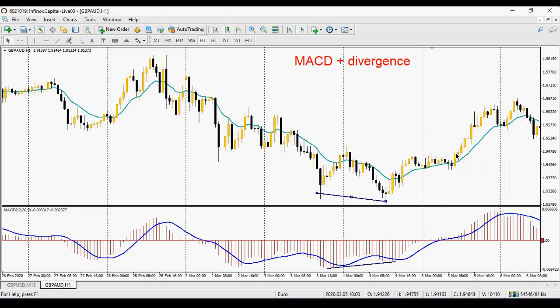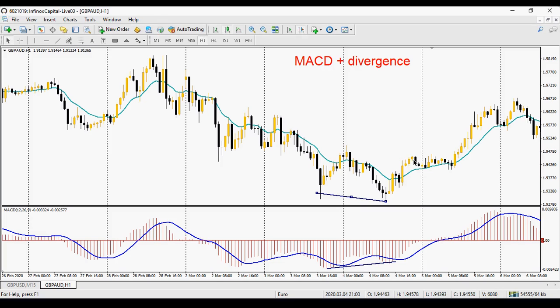Either you enter directly after this, or you enter after this. Now this is just to get a safer trade, because when price comes, you can see this is lower high, lower low, lower high, lower low, and then we have a what?